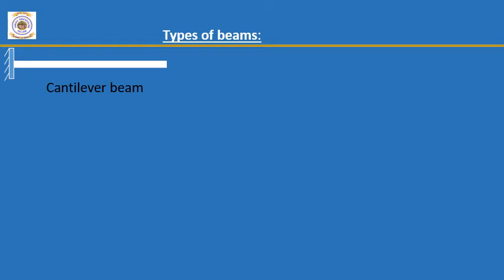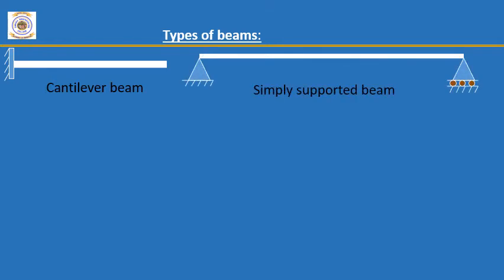We call this a cantilever beam because it is fixed at one end and free at the other end. Next one is the simply supported beam. In a simply supported beam, we can see it is supported at both the ends and the beam rests freely on these supports.